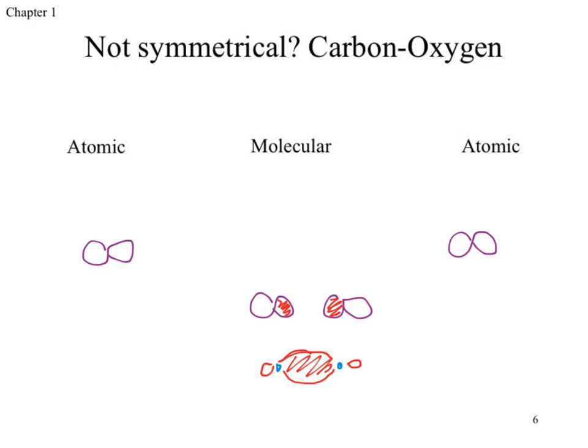Because they're different weights or atomic masses and electronegativity. Where is the bulk of the electronegativity? On the oxygen. So we would expect a lot more electron density, I didn't do a very good job drawing that, towards our oxygen, and very little on our carbon.